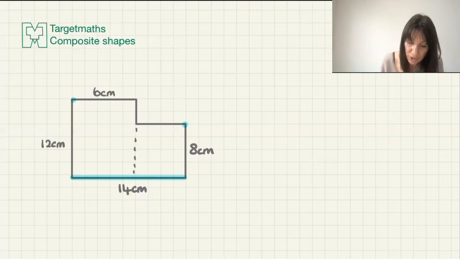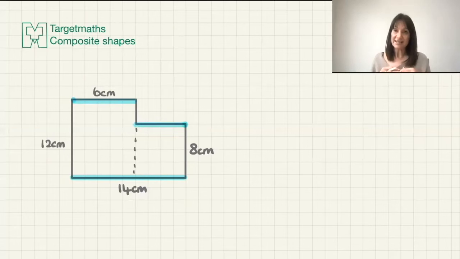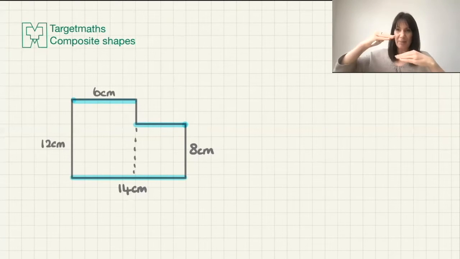So these two lines, here and here, will add up to the exact same value. It's like taking that 14 and just splitting it apart. They're still going to add to be 14. They're just in a different position on the page.